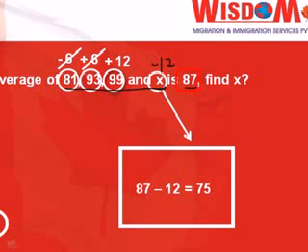We were given the average of these four numbers 81, 93, 99 and x to be 87. So we calculated the deviation of all the numbers from 87, and whatever was the remainder, we changed the sign and gave it to x, because the total deviation has to be 0. And from that we found out x to be 75.